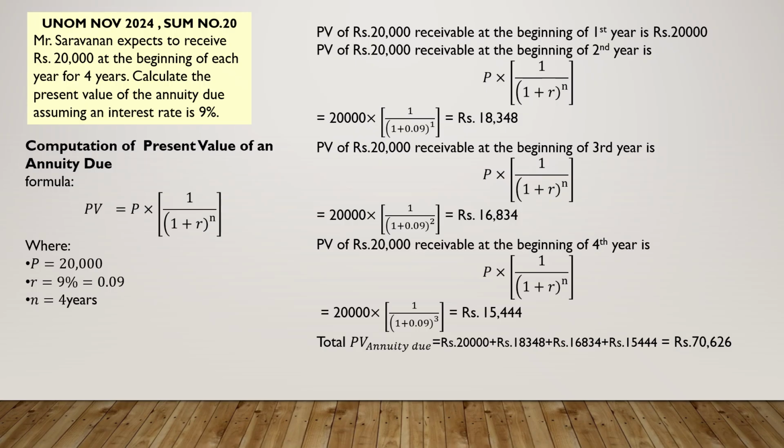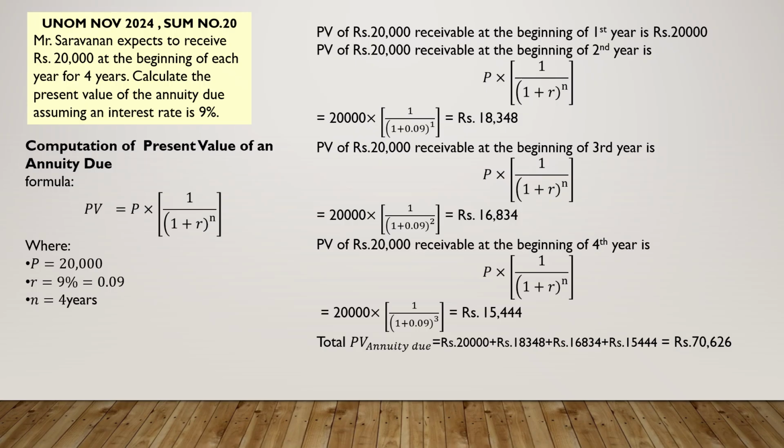Now we are going to calculate the present value for all 4 years separately, and finally add everything together. The present value of 20,000 receivable at the beginning of the first year, which means he receives it on the same day, will be the same 20,000.